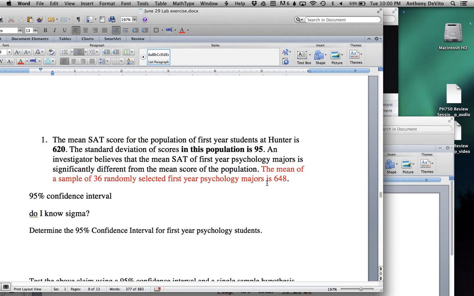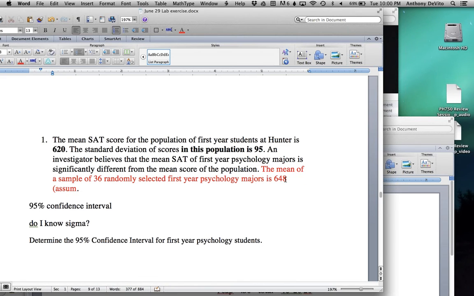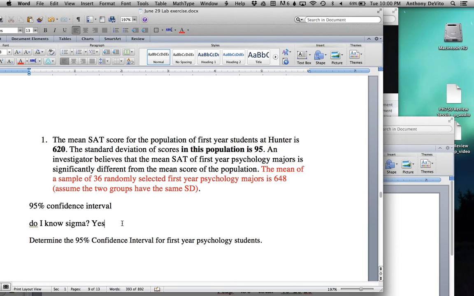However, if the problem gave you license, for instance, we might say in this problem, assume the two groups have the same standard deviation. The two populations have the same standard deviation. If someone said that to you, then you could say, yes, I know sigma, right?